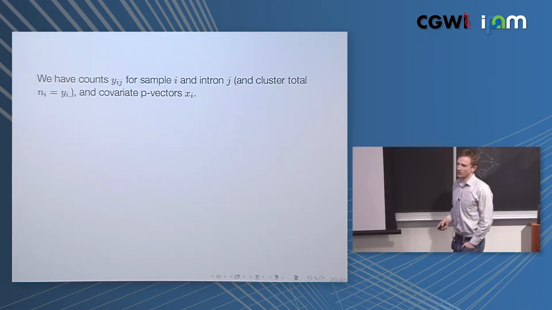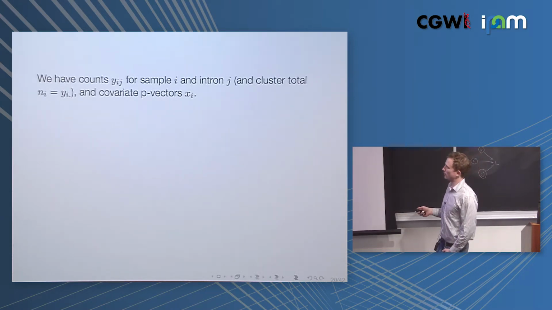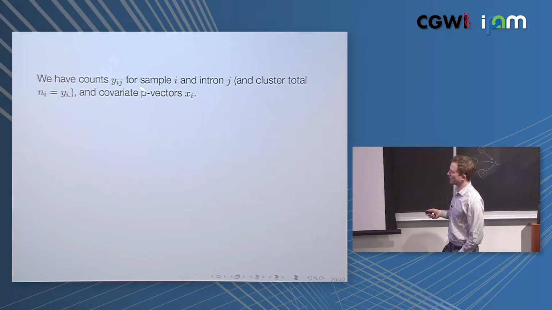OK, so how would we actually use this in our linear model? The counts y_ij, i is going to index over individuals or samples, and j is indexing which intron we're looking at. And we're also going to need the total number of counts across all the introns in a cluster, in a component, and these covariates x.